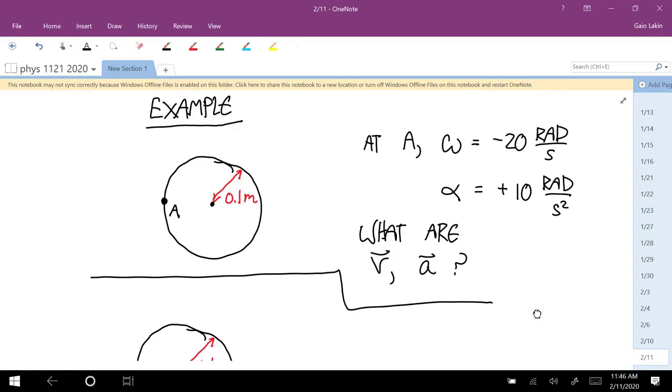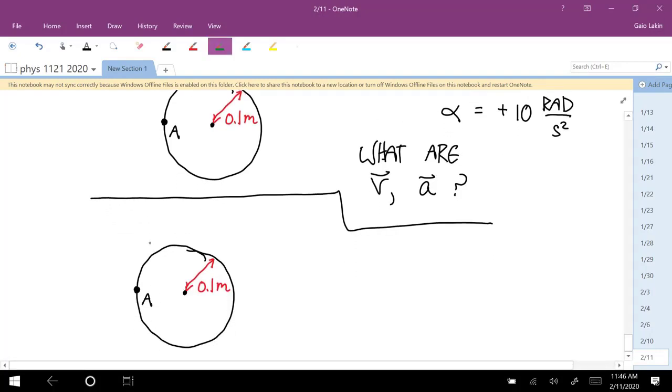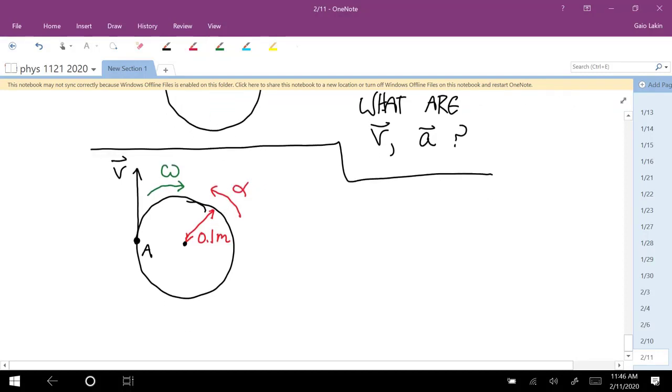The angular velocity is negative 20 radians per second. So is it moving clockwise or counterclockwise? Okay, so the angular velocity is this way, and that means that the velocity vector is this way. The angular acceleration is positive, so is that clockwise or counterclockwise? Yeah, positive is counterclockwise.